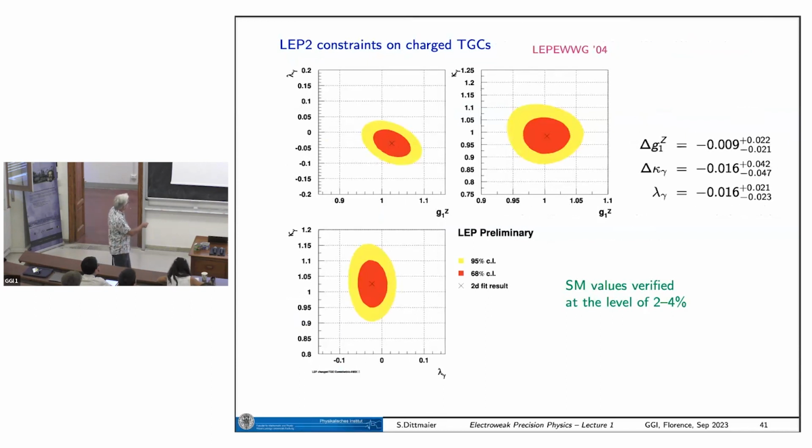They all have in common that the standard model prediction, which is 0, 1 here, 1, 1 here, and 1, 0 there, is always in there, which means really that this analysis nicely confirmed the non-abelian gauge boson self-interactions at the level of very few percent. So this was yet another qualitative step in establishing really the dynamics of the standard model.